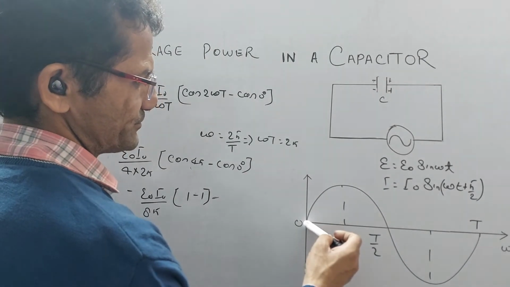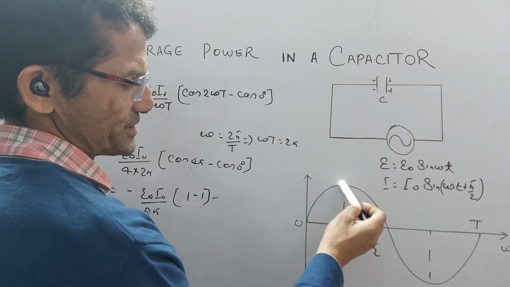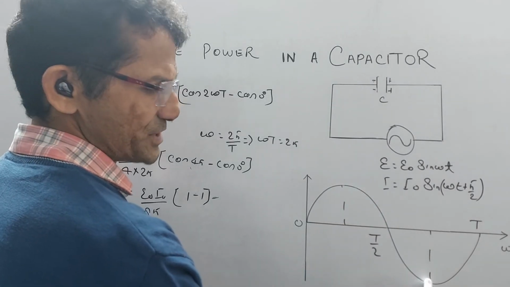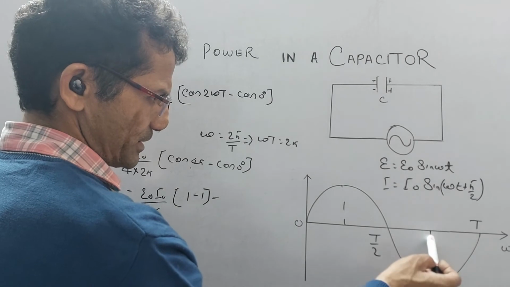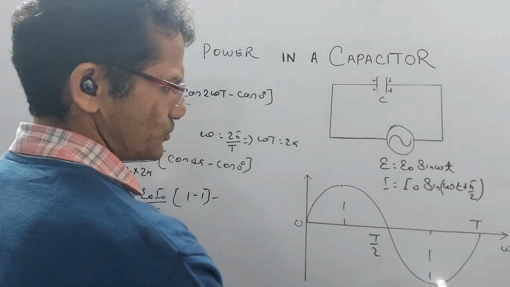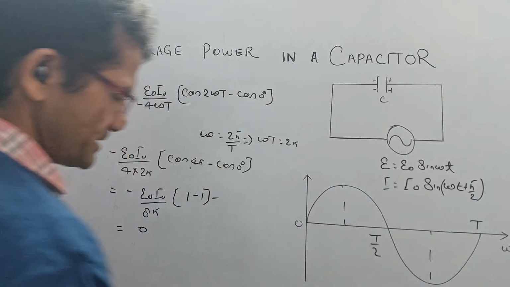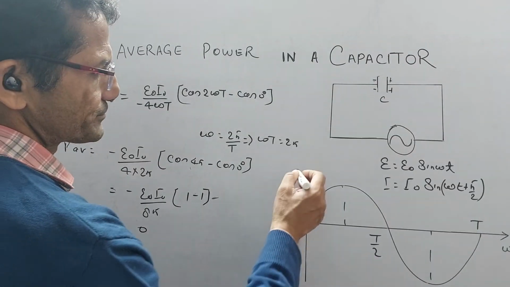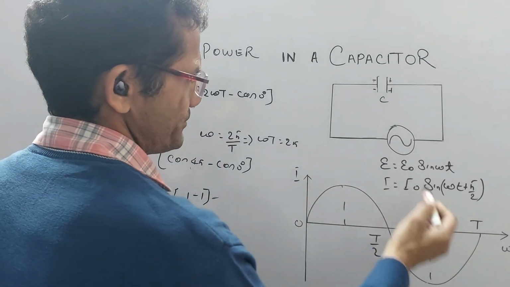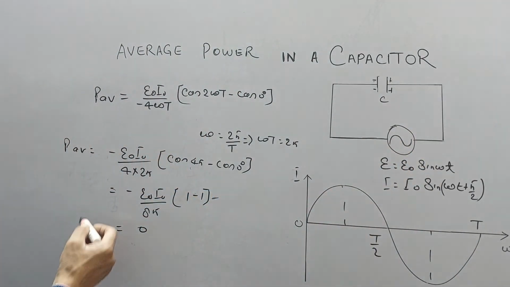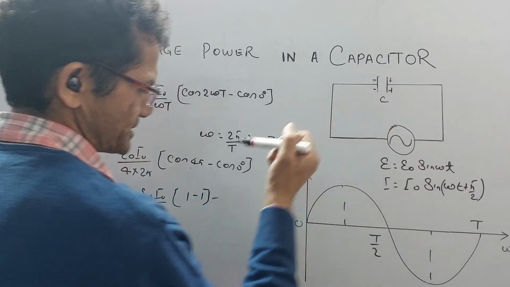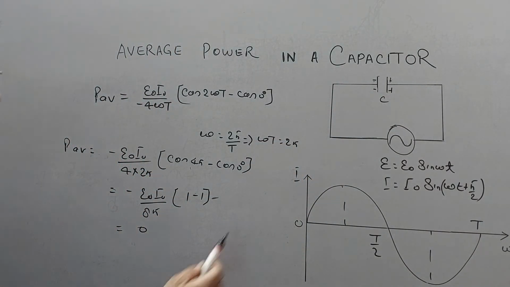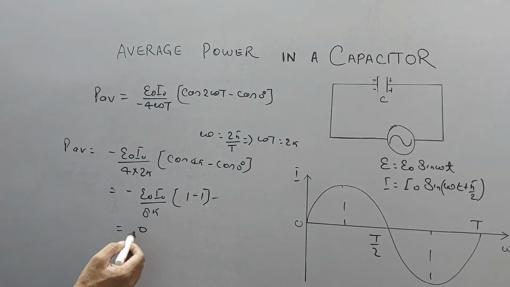In the first quarter the capacitor gets charged, in the second quarter it gets discharged, in the third quarter it is again charged but in the opposite direction, and in the fourth quarter again discharged. It means that in one oscillation of this current and voltage, there is no net charge in the capacitor. So we can say that if there is no net charge on the plates of the capacitor, the average power of the capacitor becomes zero.